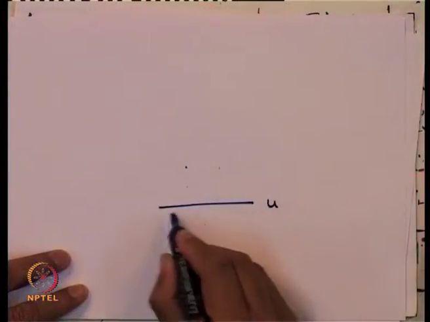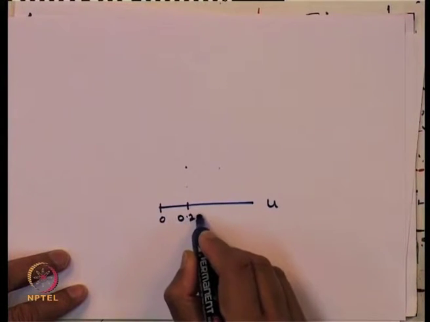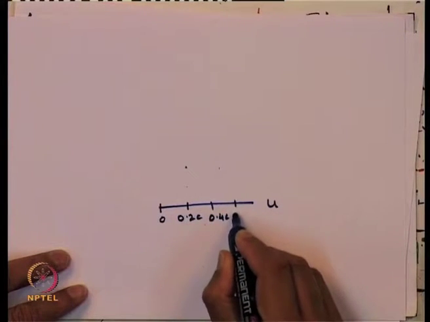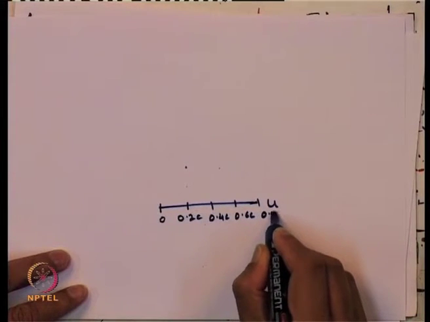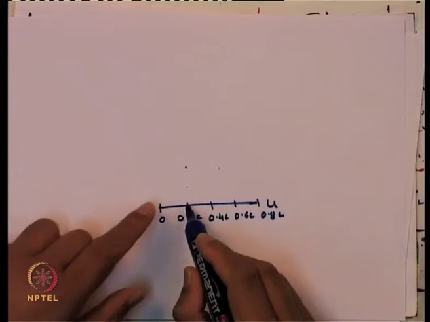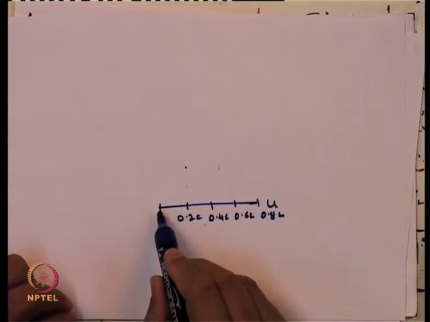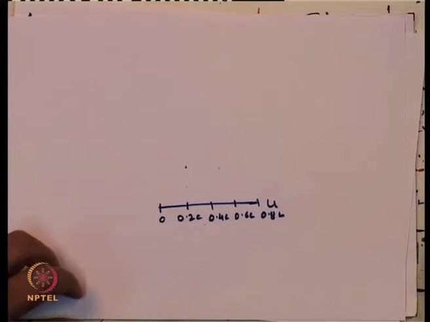So if we plot speed, we go from 0 to 0.2 c, then 0.2 c to 0.4 c, 0.4 c to 0.6 c, and 0.6 c to 0.8 c. The velocity intervals are the same, and the force is the same. I am interested in finding out the time the particle will take to go from here to here, from here to here, from here to here, from here to here. That is the question.